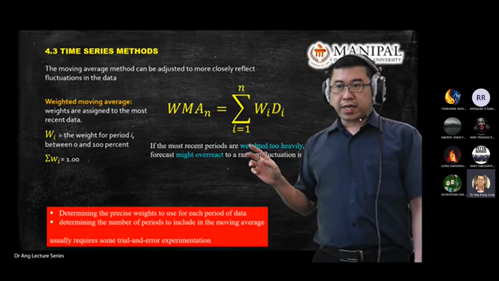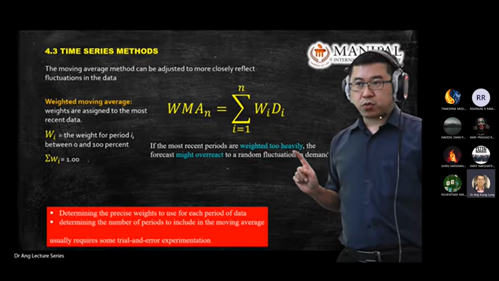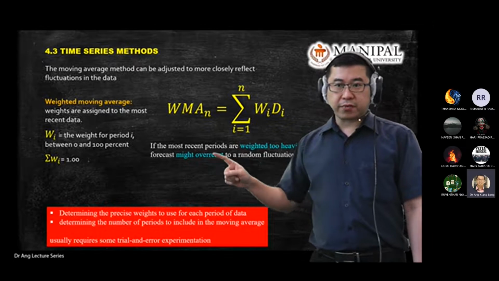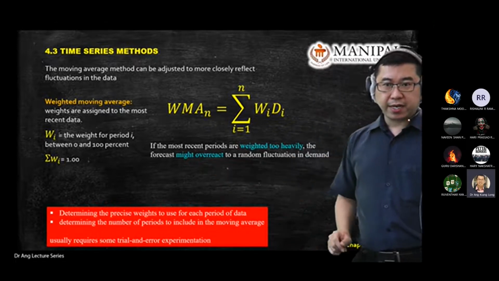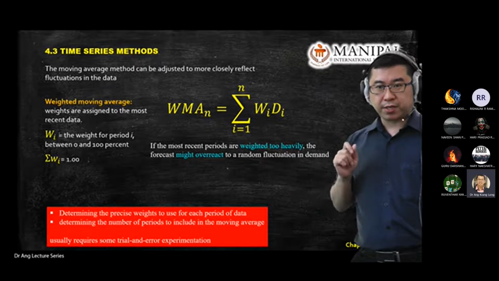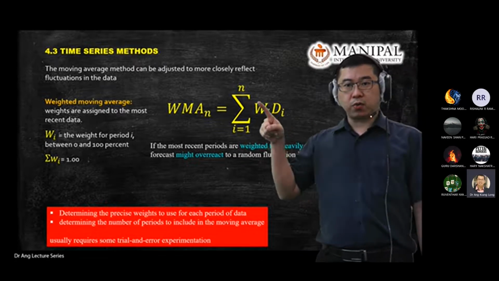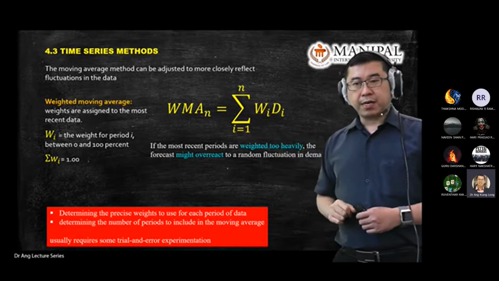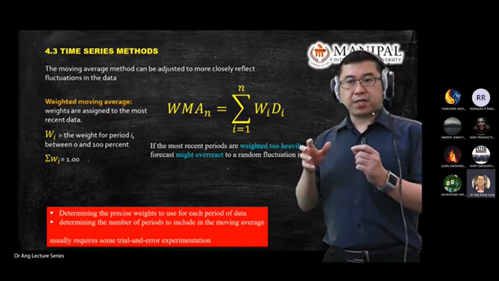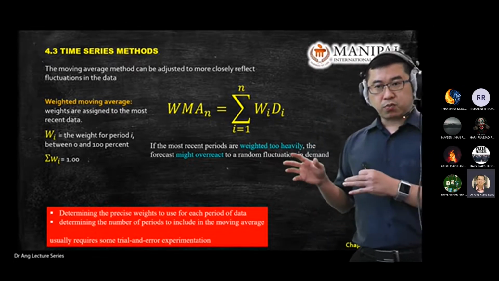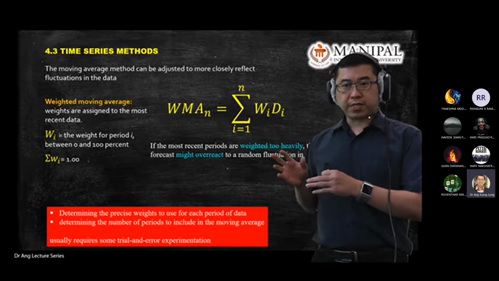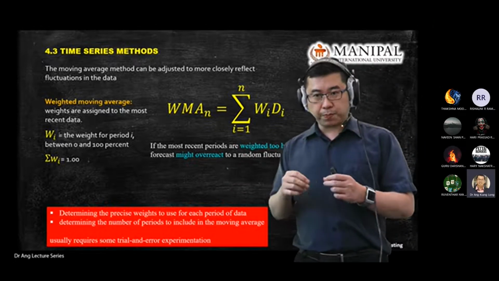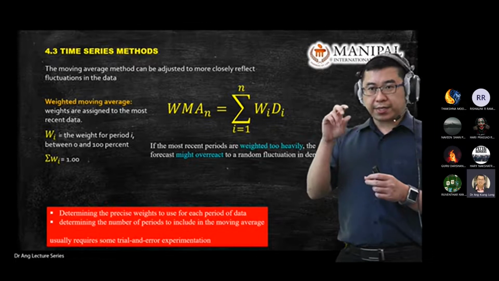If the most recent periods are weighted too heavily, the forecast will overreact to random fluctuation. So you need to be careful about the weight constants that you use. Normally in this section, in the final exam or even in your assignment later, this weight value will mostly be given to you, because it needs experience to build and adjust accordingly.